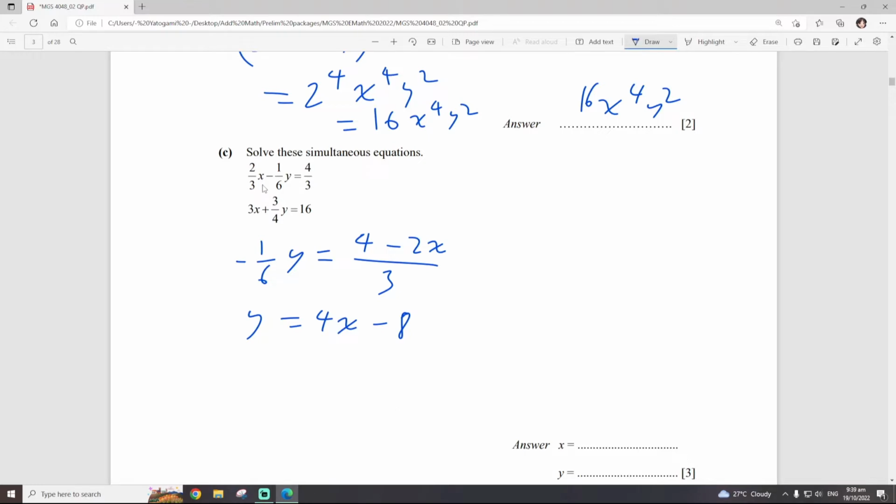So if I substitute this into the second equation, I get 3x plus 3/4 of this, which actually happens to be 3x minus 6. So I get 3x minus 6 equals 16, which gives us x equals 22 divided by 6, which is 11 over 3. And what about y?